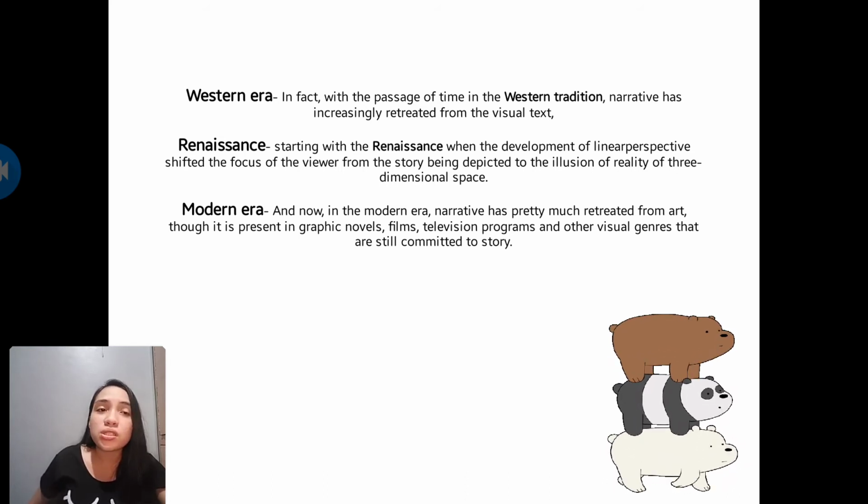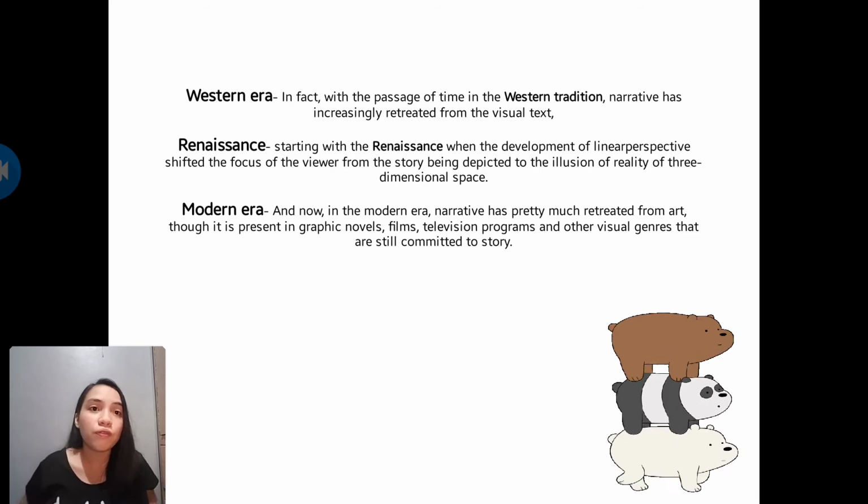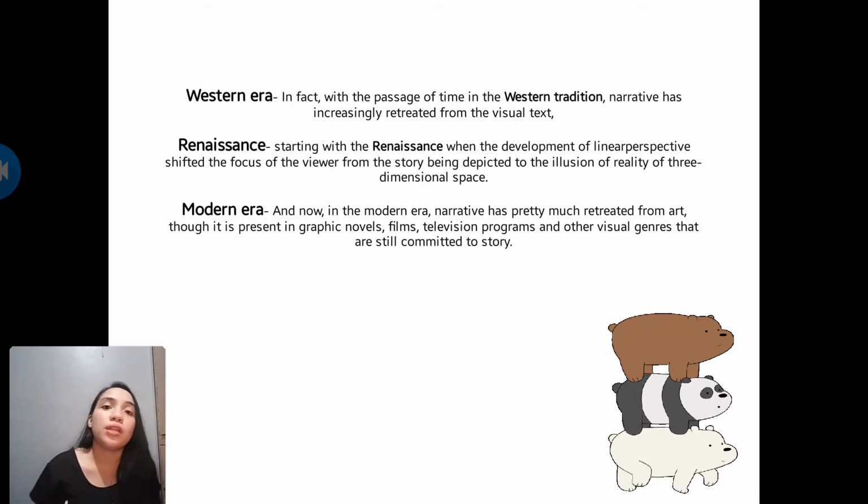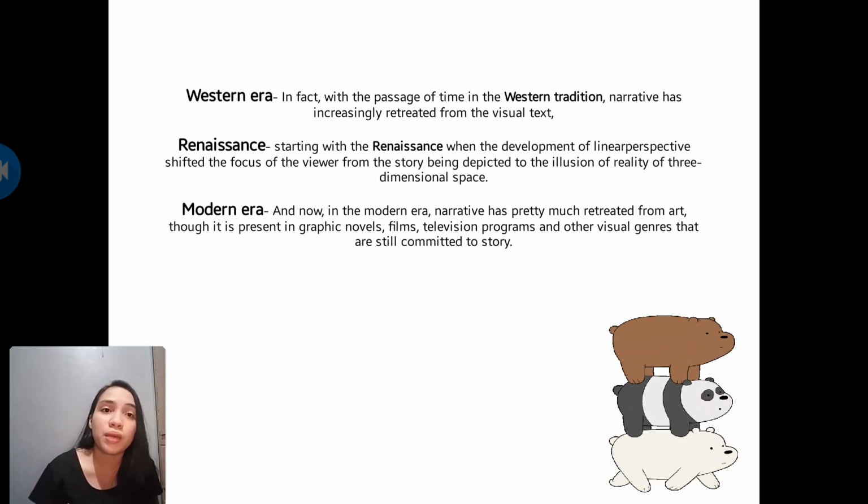So the Western era took narrative away from the visual text. And in the Renaissance time, starting with the Renaissance, when the development of linear perspective shifted the focus of the viewer from the story being depicted to the illusion of reality of three-dimensional space. So there is a three-dimensional space in that time.